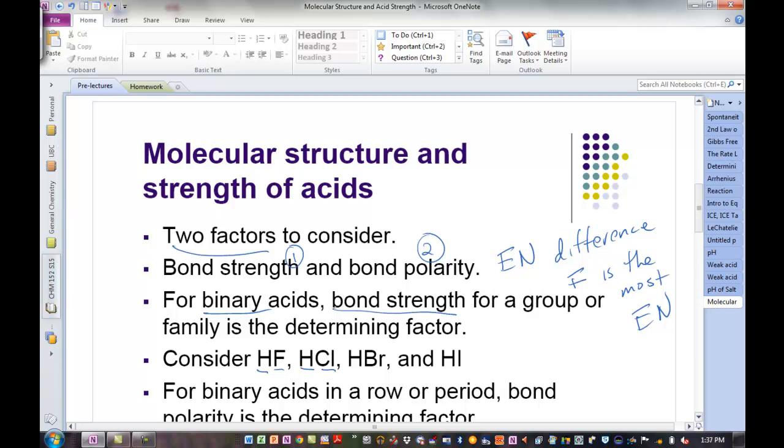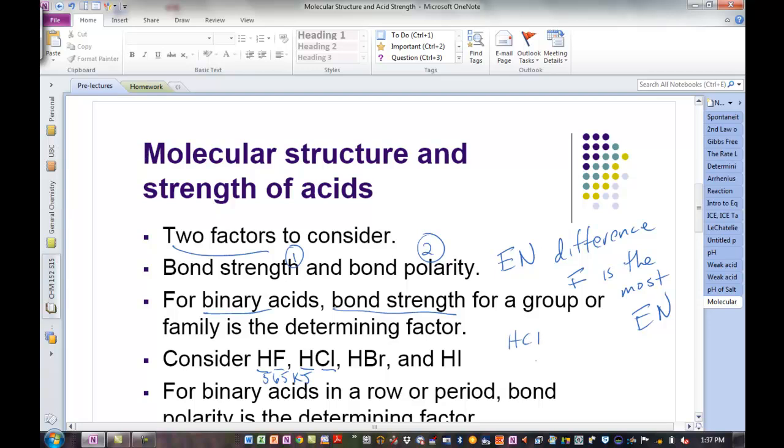And I'm trying to flip through my book back to chapter 9 right now as I'm doing this. I should have done this beforehand to look at some bond energies just to give you an example. Chapter 9, here we go. So if we look at these bond energies, HF, bond energy is 565 kilojoules. Let me just write them on the side.